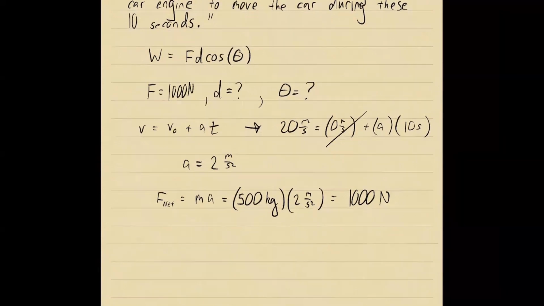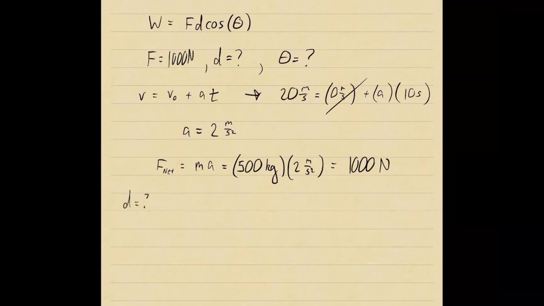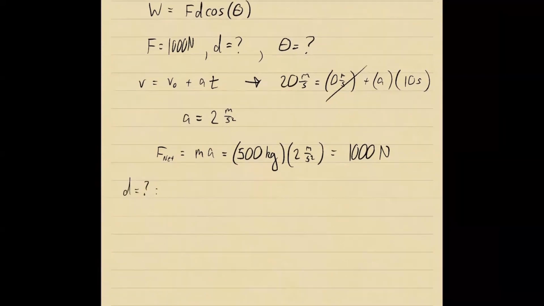Now we need to figure out how far the car went. For our displacement, we know that the displacement in the x direction is equal to our initial velocity in the x direction times time plus 1/2 times our acceleration in the x direction times time squared.